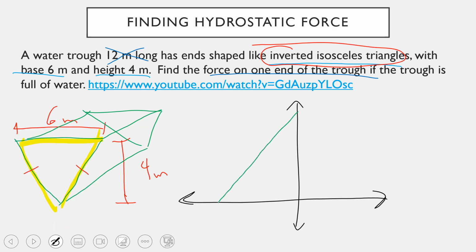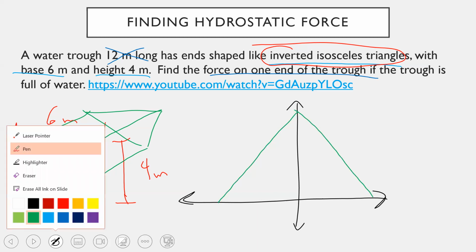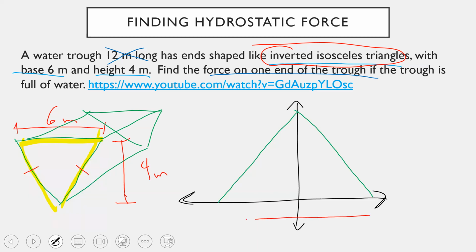Draw it so it looks like this. And hopefully it'll become clear in a minute why I did that. So I'm again going to label my distances here. I know that the base of the isosceles triangle is still 6 meters long here, and the height is still 4 meters.